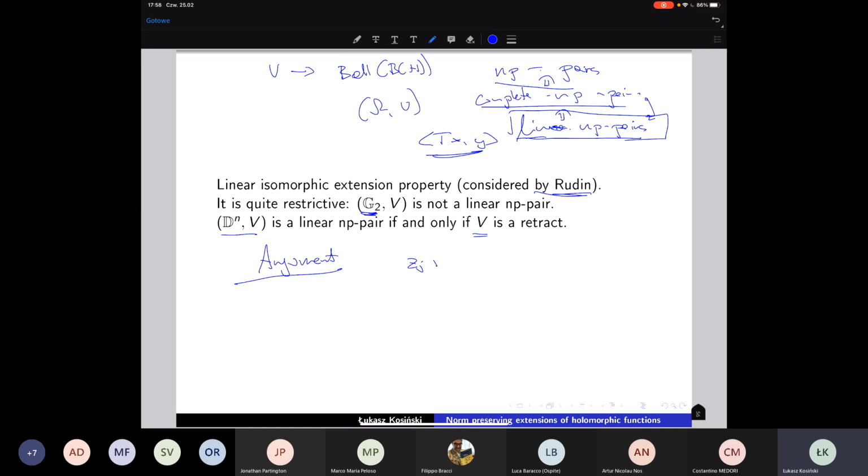Consider this extension. Zj can be extended to Vj, where Zj are coordinate maps on the polydisk. These are coordinate maps. And so phi is phi1, ..., phin. And it is quite immediate to see that V is contained in the set of fixed points of phi.